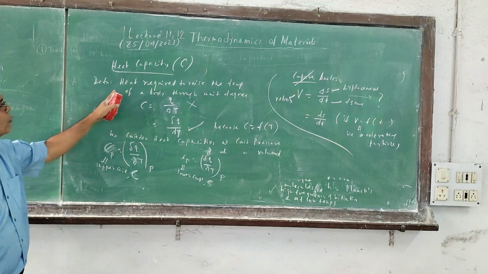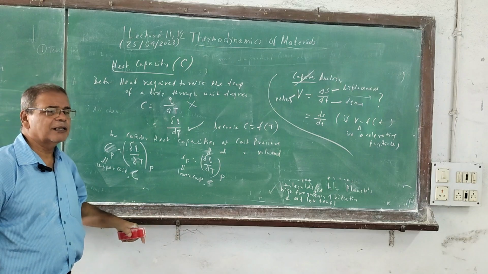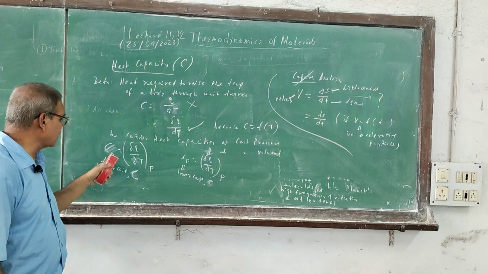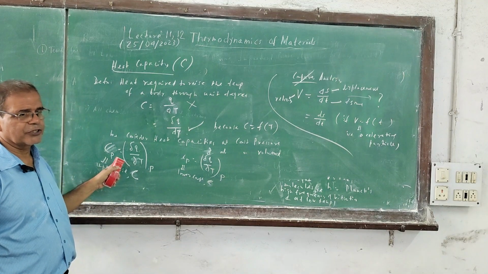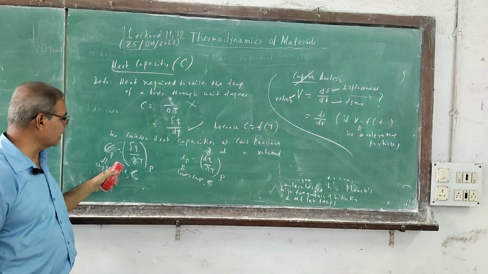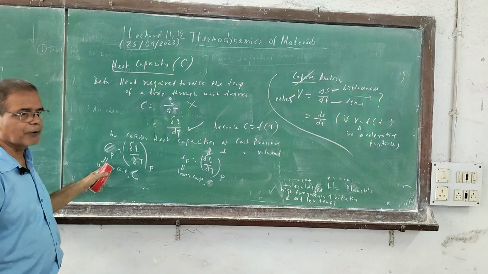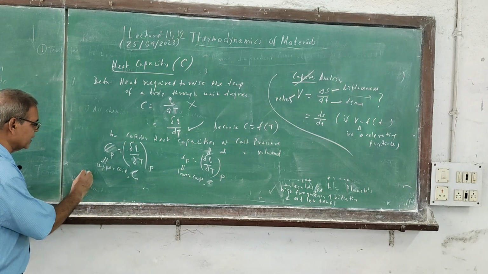You have noted heat is required to raise the temperature of a body. Mass is not specified. If the total body, the total number of moles, is involved, then it is called an extensive property. This is the total heat capacity.